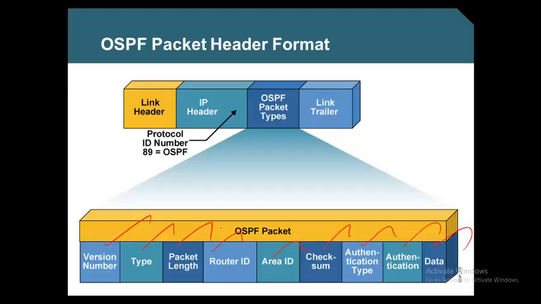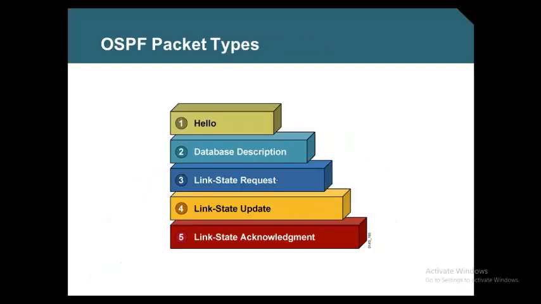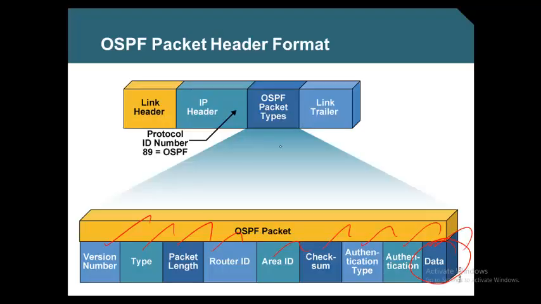For example, a hello packet won't carry much data, very little, whereas the DBD will have a lot of data. So for DBD, this field will have a lot of information. But the other fields are common for all packet types. Did you understand what I'm saying?